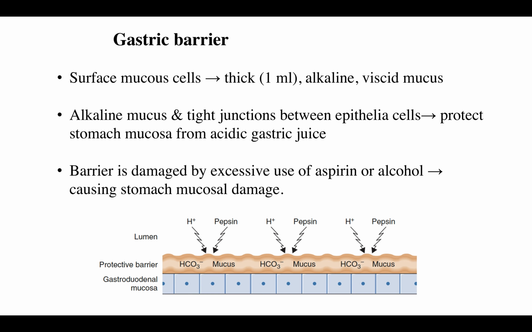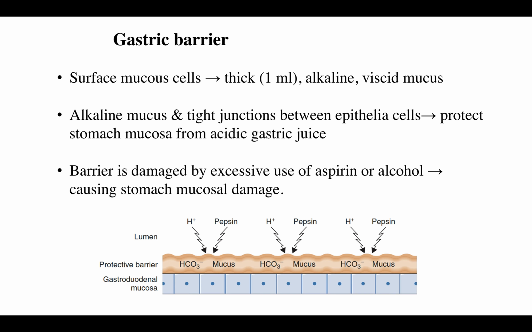Now, a few words about the gastric barrier. The surface epithelium of the gut secretes mucus, and this mucus is about 1 mm thick. It is alkaline viscid mucus. This mucus, in addition to the tight junctions present between the epithelial cells, protects the stomach mucosa from digestion by gastric juice because it's a very highly acidic secretion.